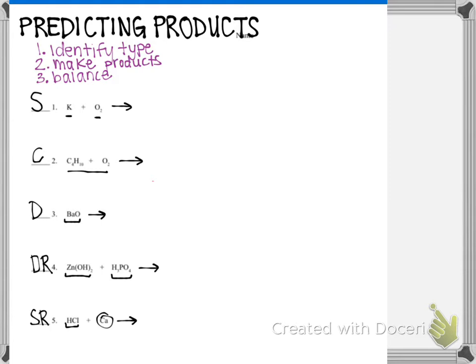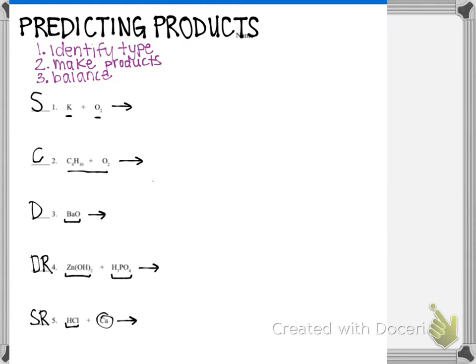Now we have to go back and predict the products, or make the products. So K plus O2, and you know it's going to make one compound. A lot of people want to just write KO2, and that is incorrect. You are not going to bring the subscript over. What you need to do is look at your charges and crisscross if necessary.